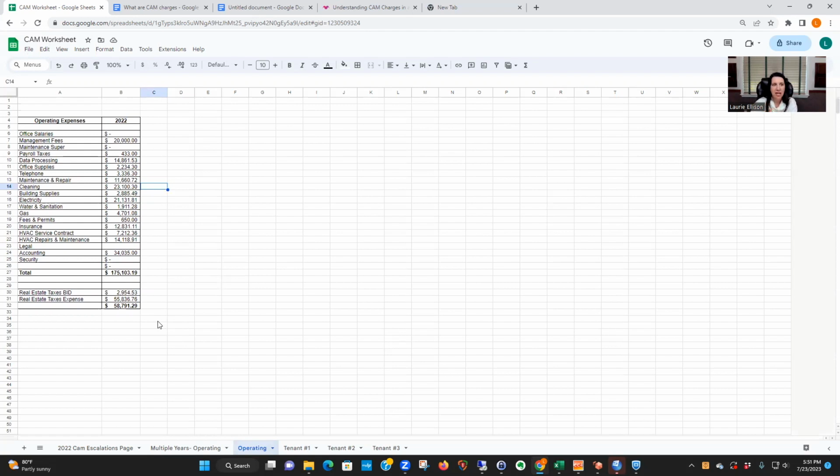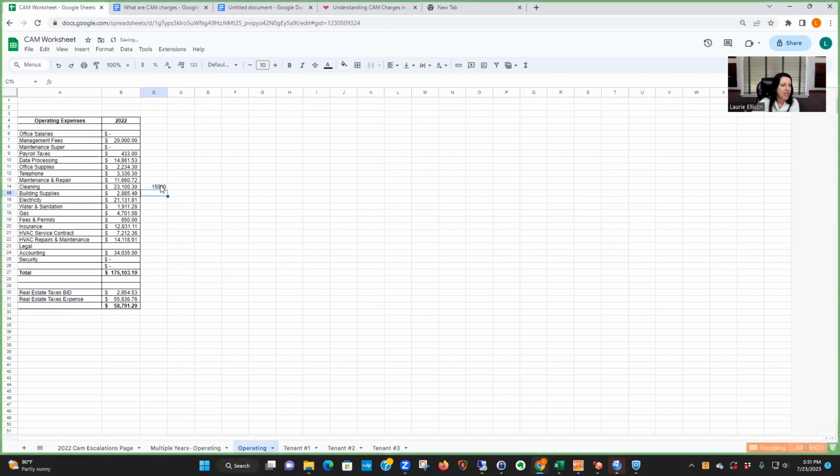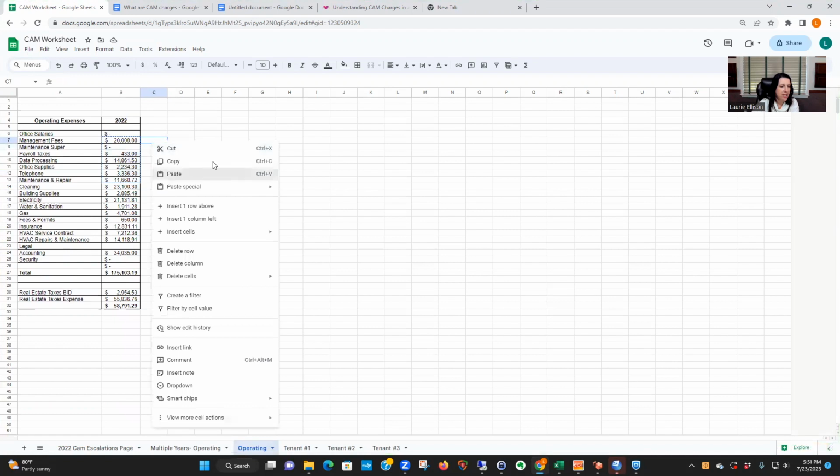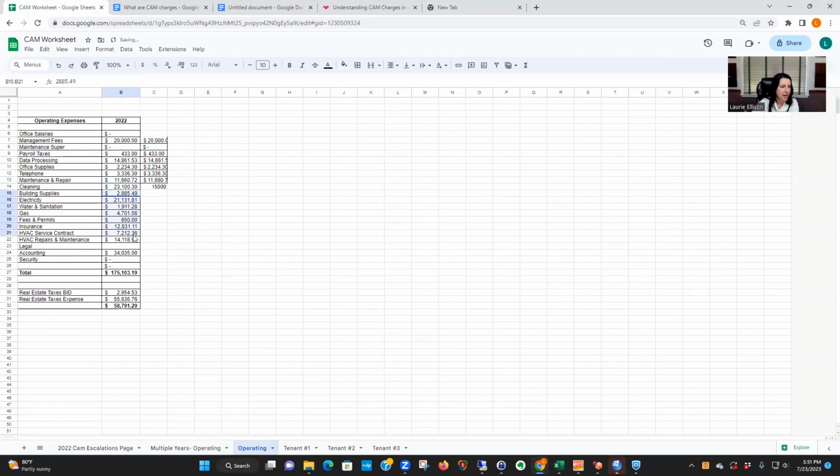Maybe some tenants have a cap, so you might have to make an adjusted operating statement that would reduce things for certain tenants. Like if they will pay a max of 15,000, then this has to be changed. Everything's really dependent on the lease. Let's say that's the only thing with a cap. That tenant is going to pay less because they were smart and got it capped.